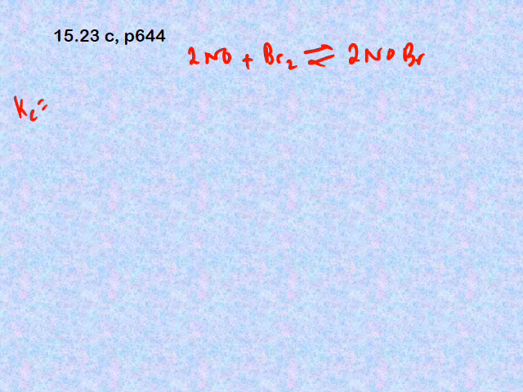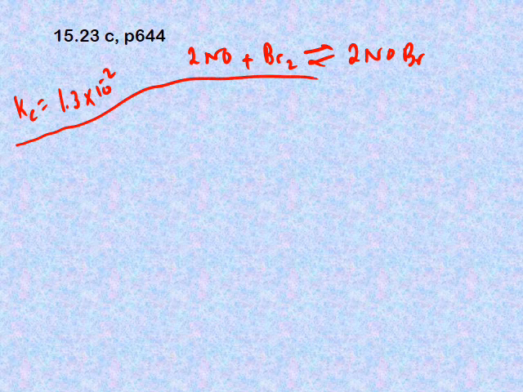So the Kc is 1.3 times 10 to the negative 2, that's given at 1000 Kelvin. So the question is, of course, this Kc goes with this reaction. So the question is, what is the Kc value, and let's call it Kc prime, for a differently balanced reaction?